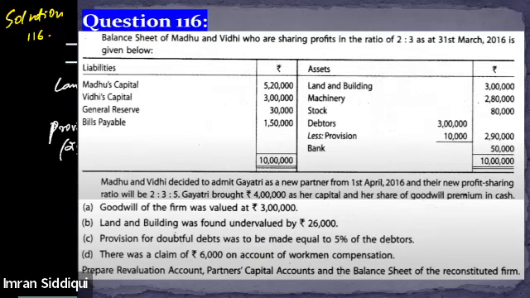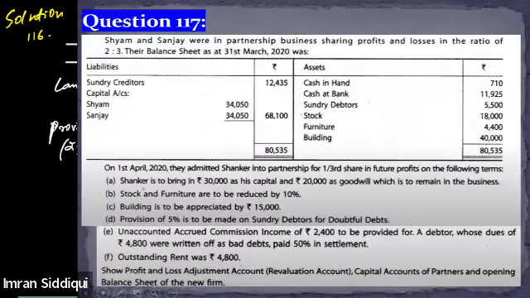There is some mistake in the question. Earlier, the information regarding the new partner was not given in the question. I made a mistake. Now this is the complete question. The complete question says that the old partners are Madhu and Vidhi, and they are admitting a new partner. Everybody is able to see that?